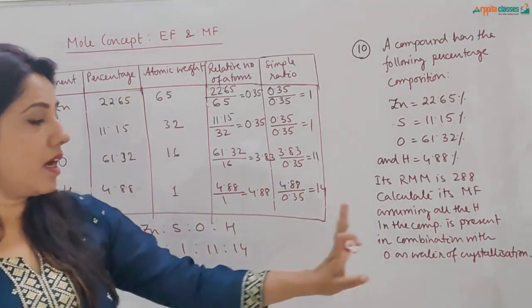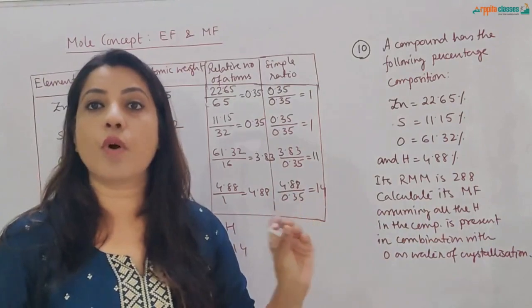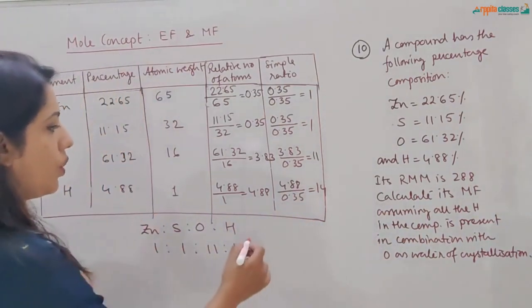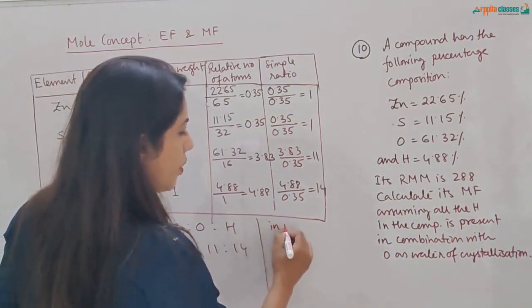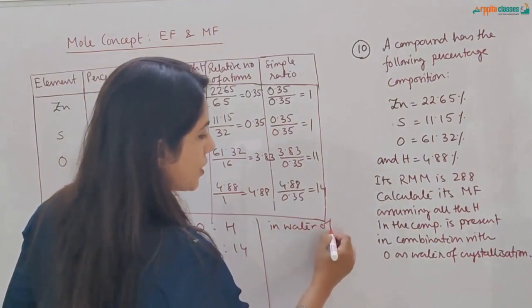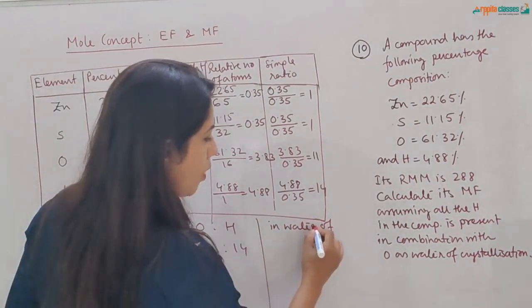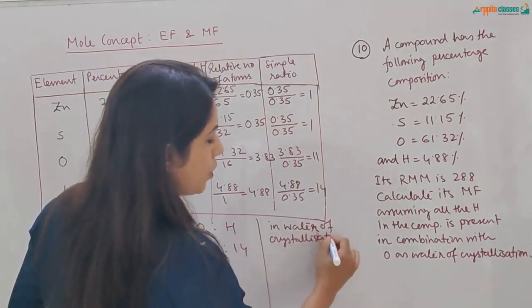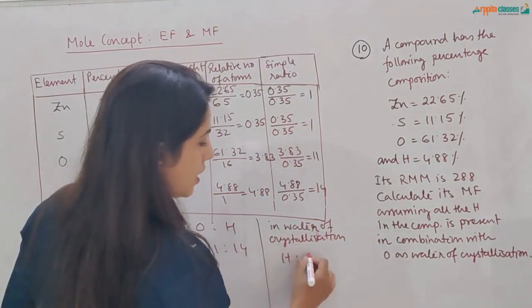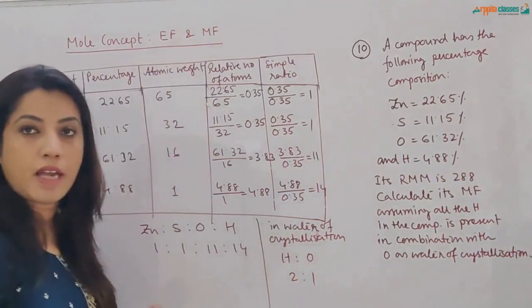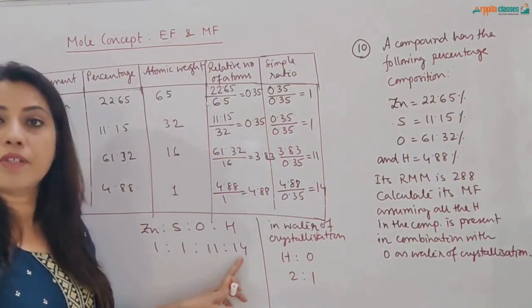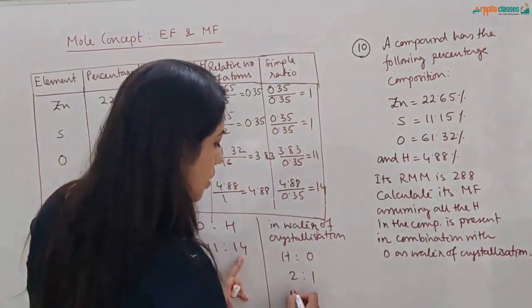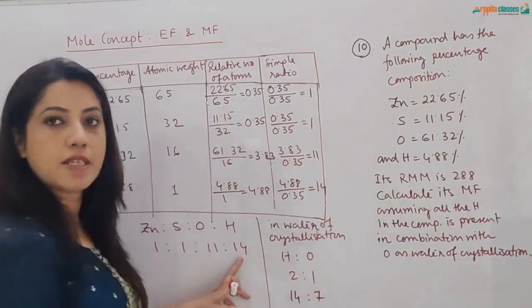Now they are saying that all the hydrogen is present as water of crystallization. So in water of crystallization, what should be the ratio between hydrogen and oxygen? It should be 2 is to 1. Now if the number of hydrogen is 14 over here, the oxygen has to be 7.